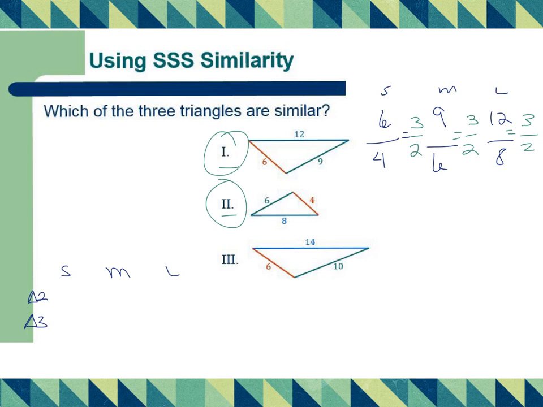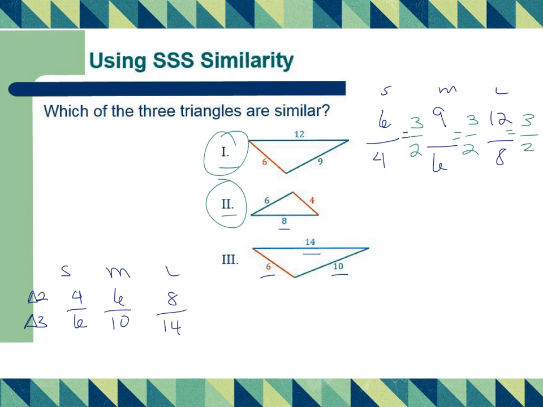So for the small side, for triangle 2, that's a 4. For triangle 3, that's a 6. The medium side for triangle 2 is a 6. For triangle 3 is a 10. And the long side for triangle 2 is 8. For triangle 3 is 14.